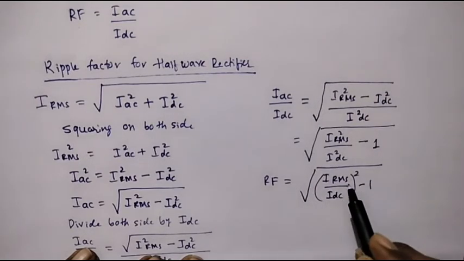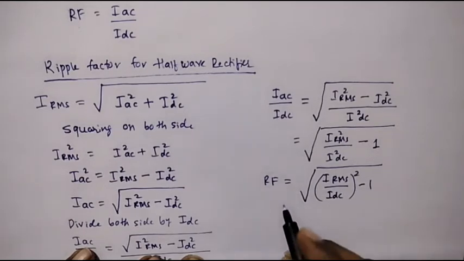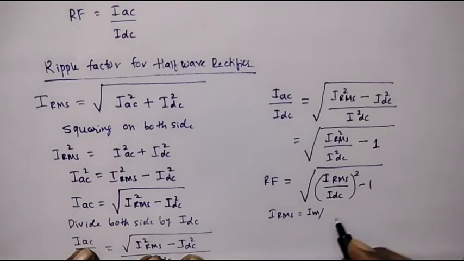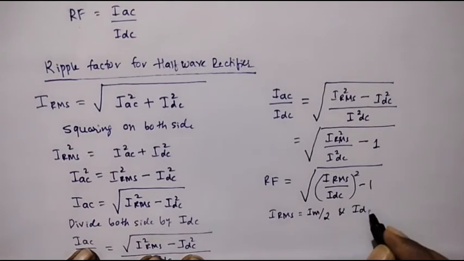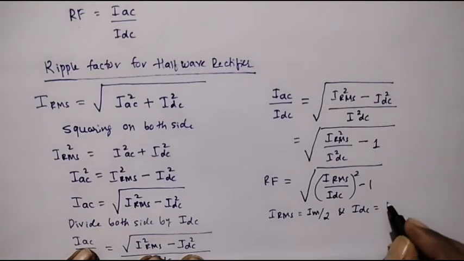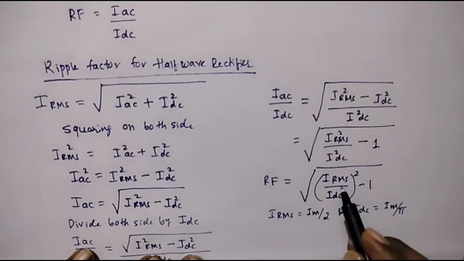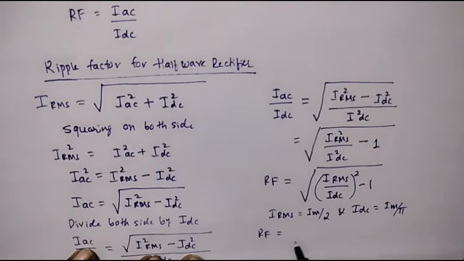Now we'll substitute IRMS value and IDC value of half wave rectifier. We know that IRMS for half wave rectifier is Im by 2 and IDC for half wave rectifier is Im by pi. Let's substitute these two values in this equation. Therefore, RF is equal to under root of IRMS, which is Im by 2, divided by IDC, which is Im by pi.